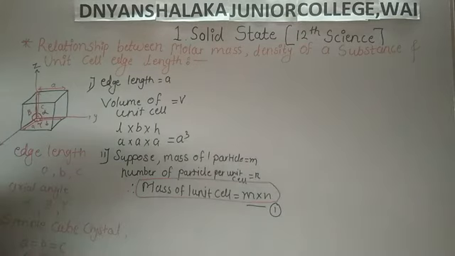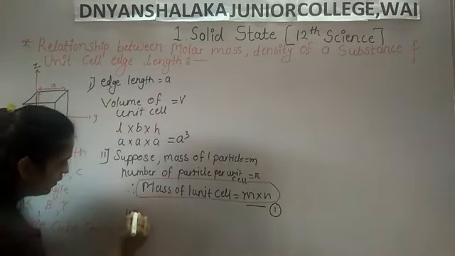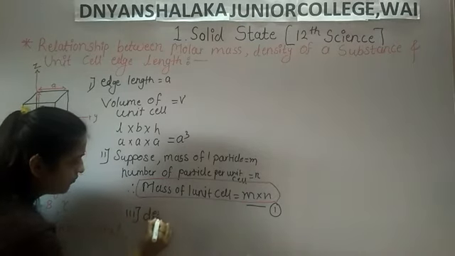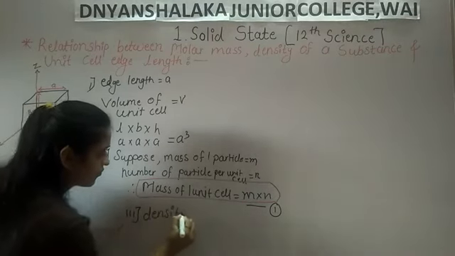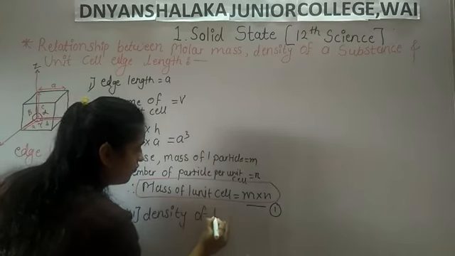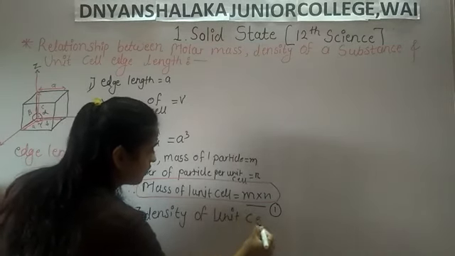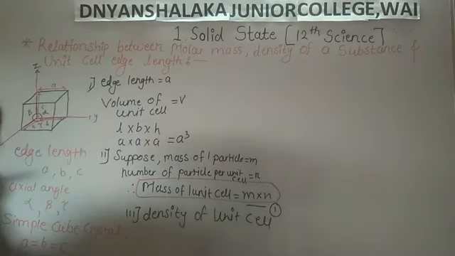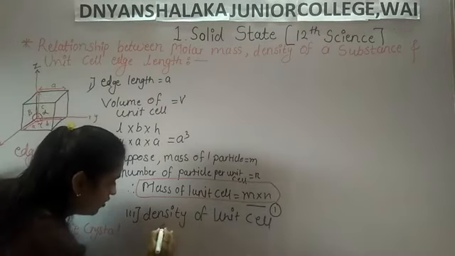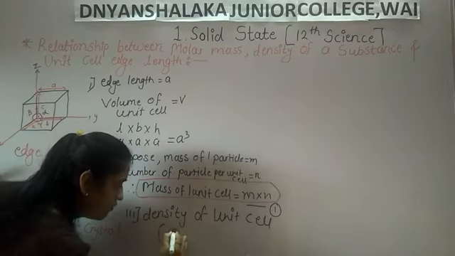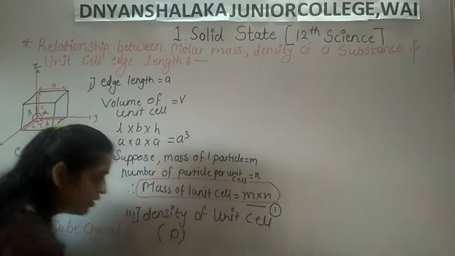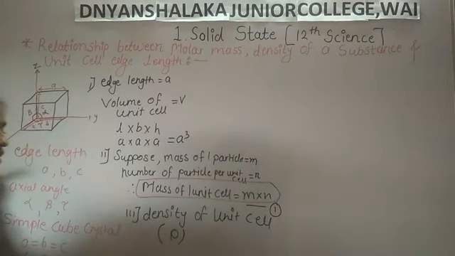Next we have to find the density of the unit cell. This is the third point. Density of any substance is denoted by rho. This is the symbol for density.